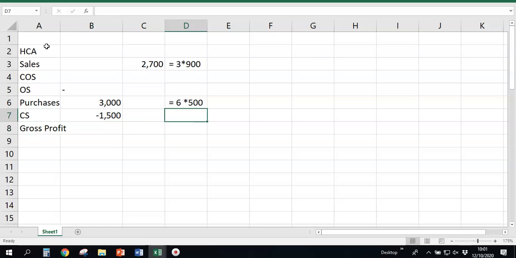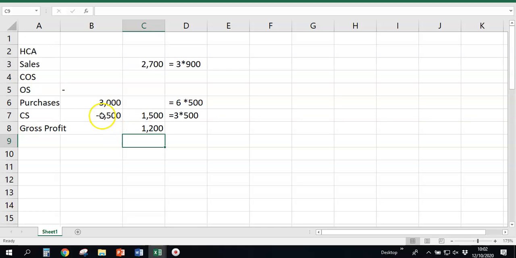Now remember, in historical cost accounting, we measure closing stock at its historical cost. So what you bought it for, you measure at the 500. So your cost of sales then is going to be 3,000 less 1,500, and your profit is 1,200.